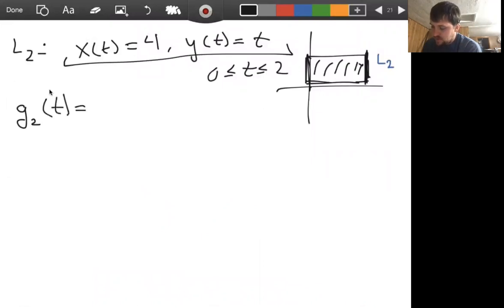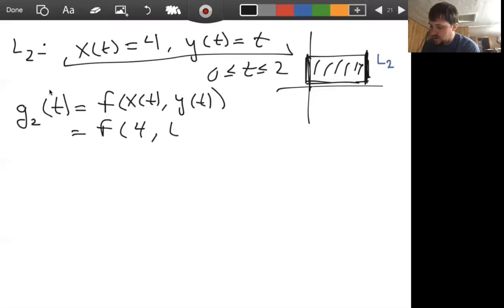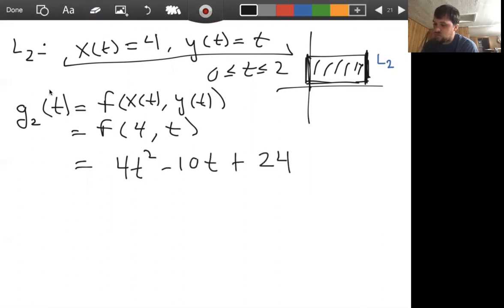of t, which is again f of x of t, y of t, which is f of (4, t). If we plug this in, we get that g sub 2 of t is 4t squared minus 10t plus 24.